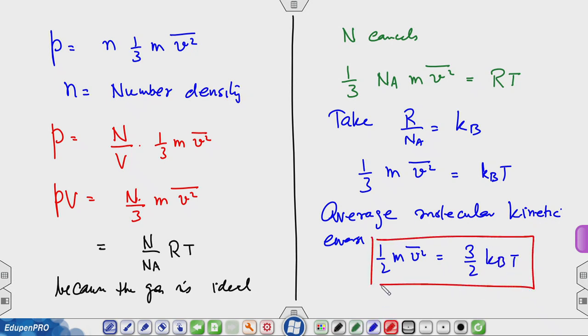That's the result of kinetic theory, and that immediately gives you that U, the energy per mole, is 1/2 Na m v square bar equals 3/2 RT.